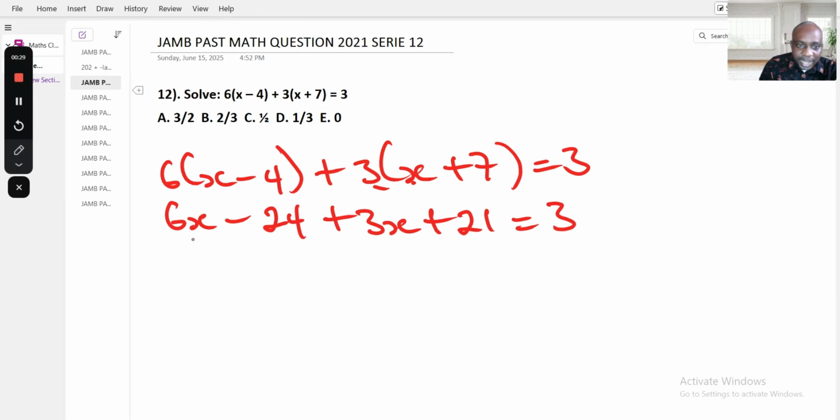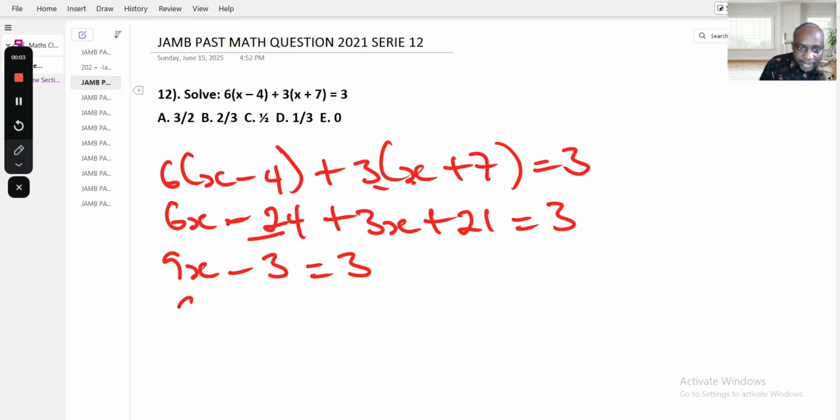Let's collect like terms. 6x plus 3x is going to give us 9x, isn't it? Plus minus 24 plus 21 is going to give me minus 3 because the negative one is higher than the plus one. It's going to give me minus 3 equals to 3.